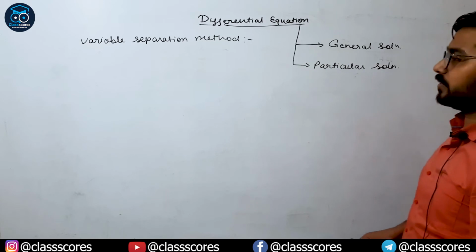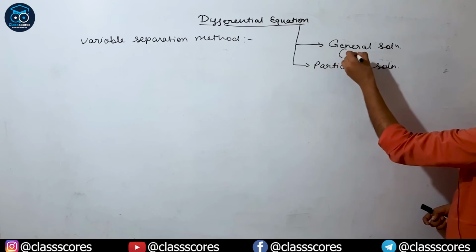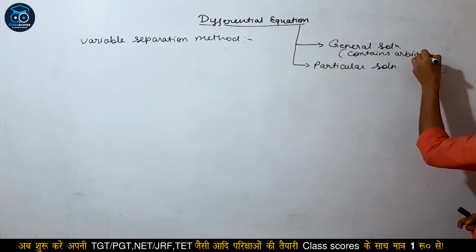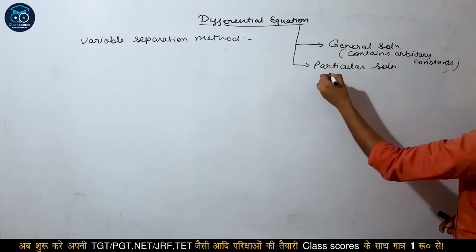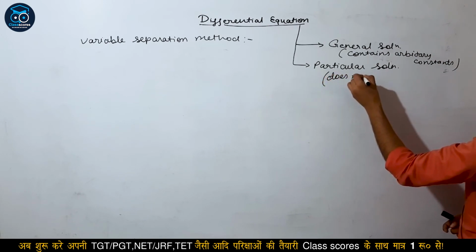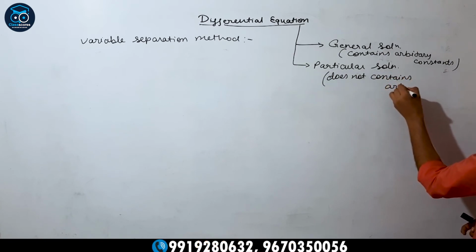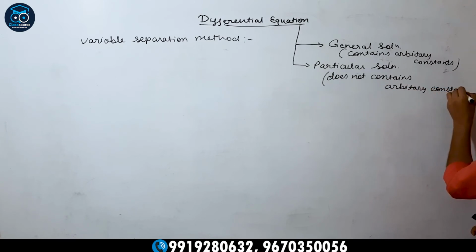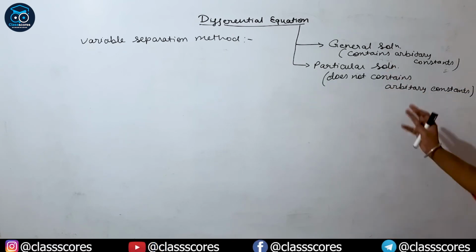The basic difference is that the general solution contains arbitrary constants, while the particular solution does not contain arbitrary constants. This is the basic difference between these two solutions. I will tell you more about this when we are doing some questions.